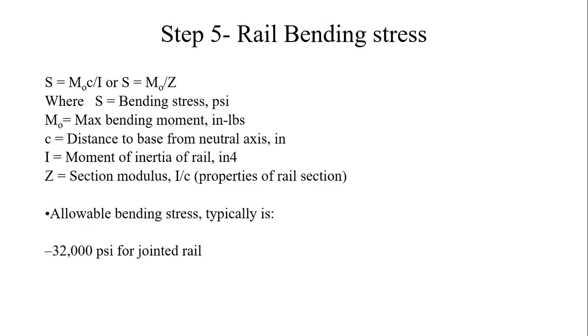For railway, if we have a jointed rail, we have a 32,000 psi allowance. If the maximum stress is beyond that, then we may have to do something with the rail section or rail design. For CWR, or continuously welded rail, it is 25,000.